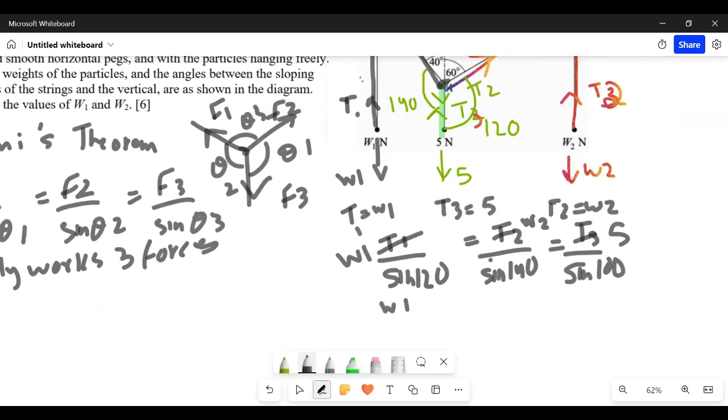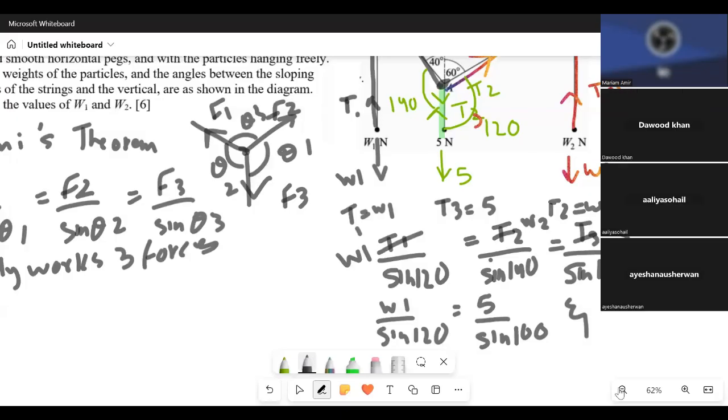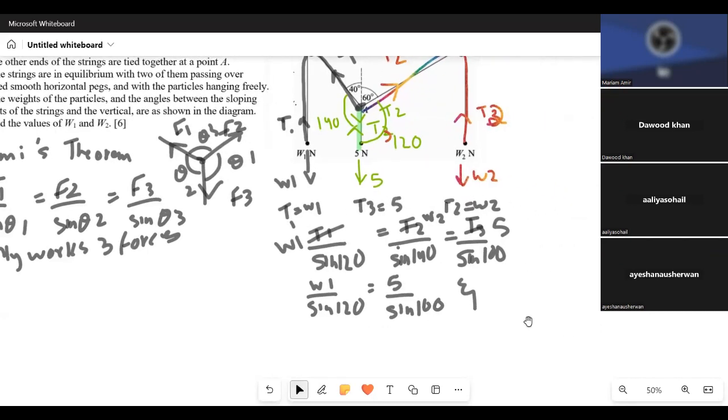So W1 over sine 120 is equal to 5 by sine 100. And then to find W2, we can use the second fraction and the last fraction. W2 over sine 140 equals 5 over sine 100. You'll cross multiply and you get W1 and W2.